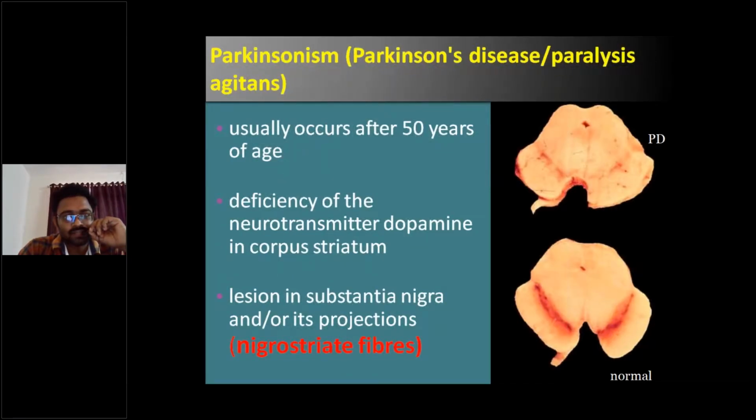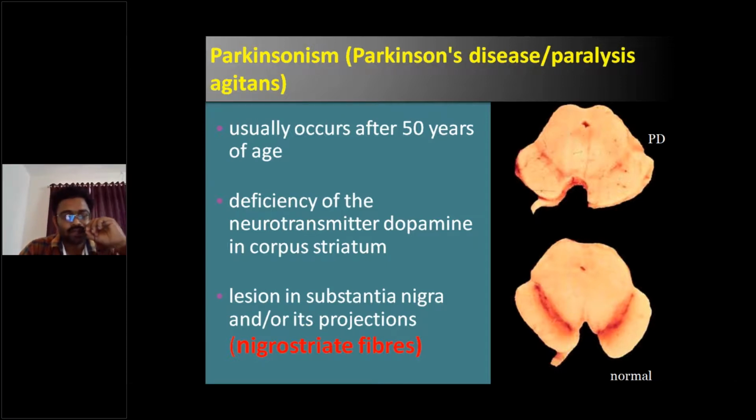Parkinsonism or Parkinson's disease, otherwise called paralysis agitans, usually occurs after 50 years of age. It is due to the deficiency of the neurotransmitter dopamine in corpus striatum.